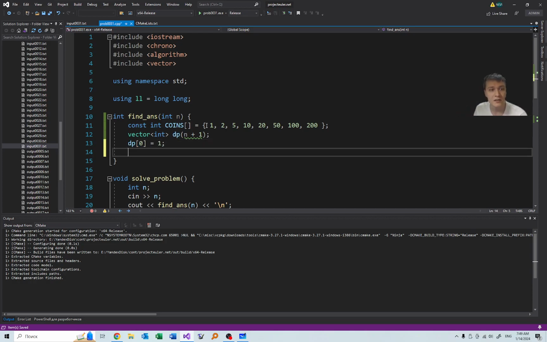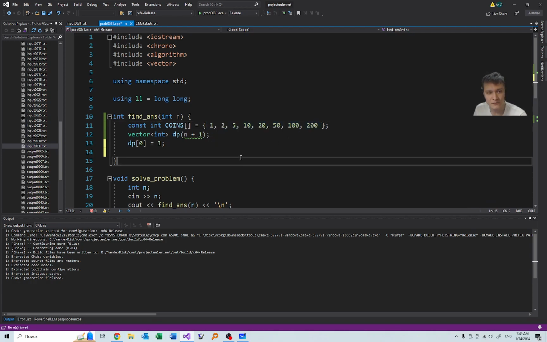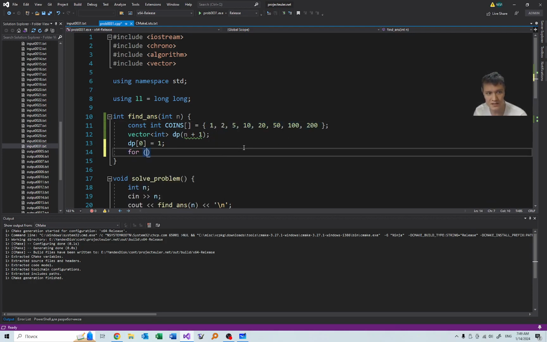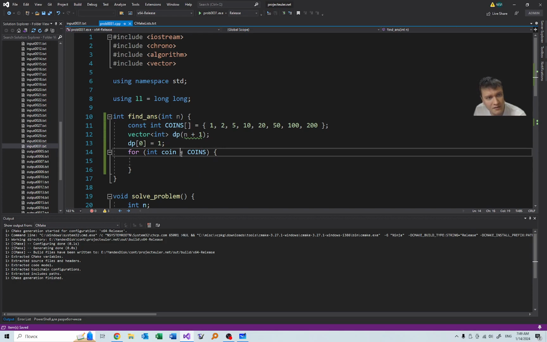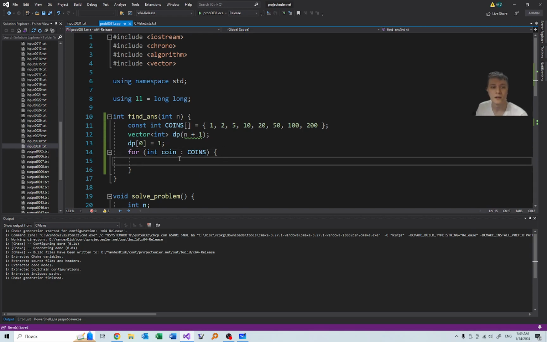Now we will increase this prefix one by one by iterating a coin in coins. Can we do it? It seems like we can. So let's assume that we are looking at some coin. Then we can add one or more coins to the answer.